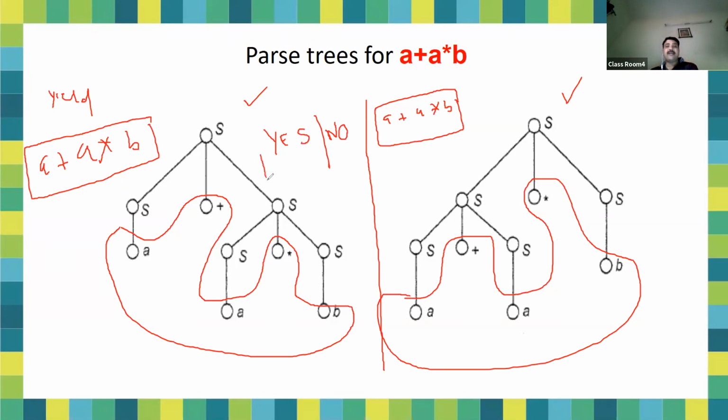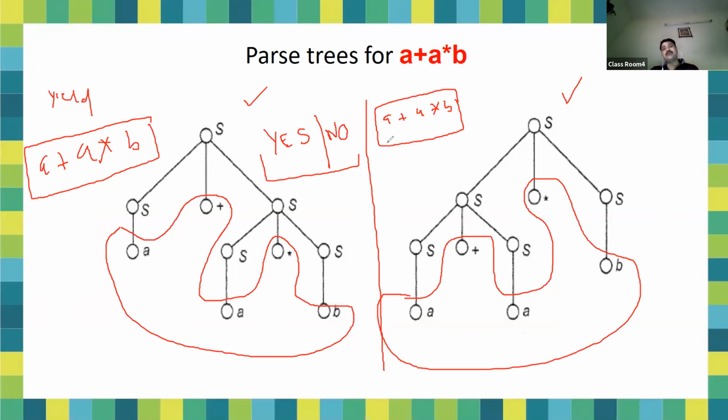But after writing this yes or no, you have to explain your reason. Suppose you write here yes. So now you have to explain the reason that will prove that this particular grammar is ambiguous. If you write no, then you have to explain the reason that this particular grammar is not ambiguous.